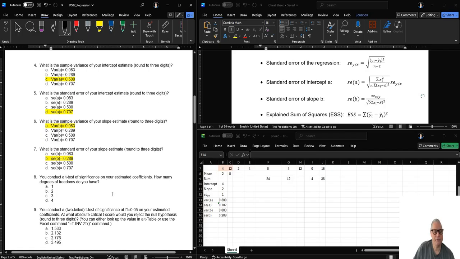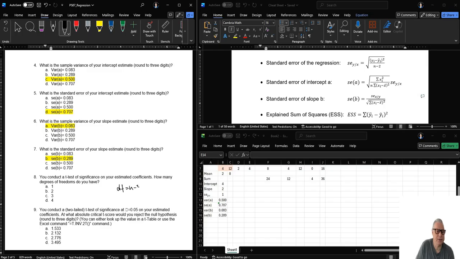Okay, so now we conduct a t-test of significance on your estimated coefficients. And so the way it works is, what we know is that we have a sampling distribution. And actually, before we get there, how many degrees of freedom do we have? Well, the degrees of freedom is n minus 2.